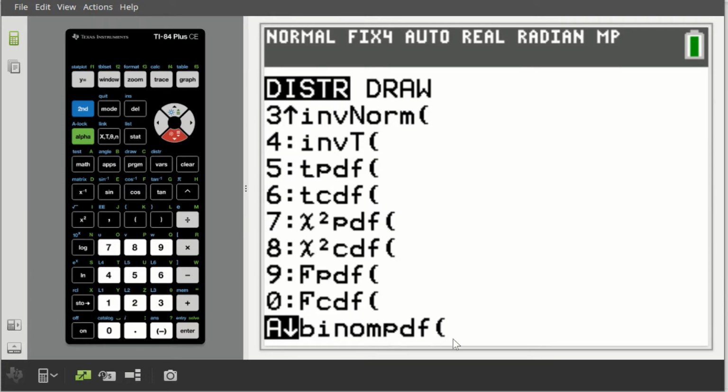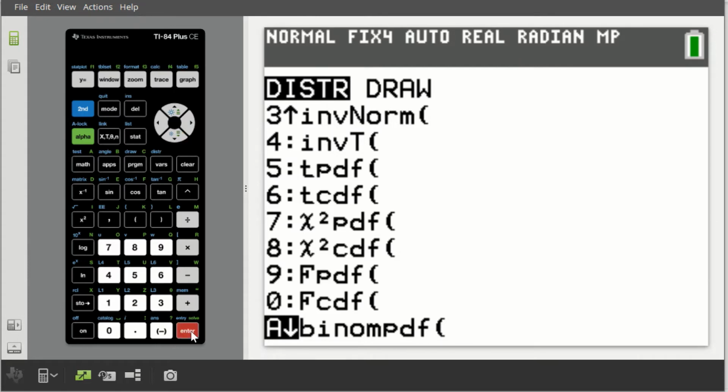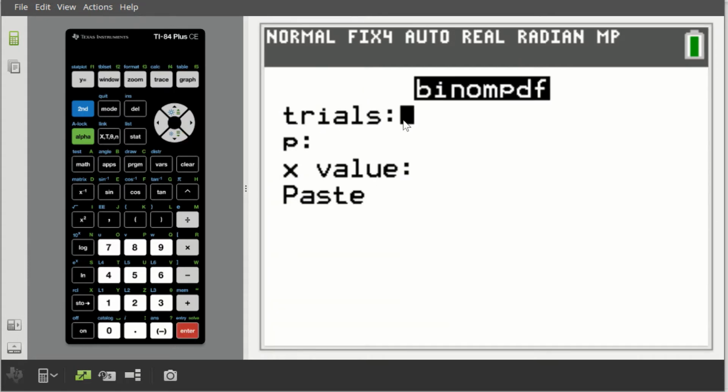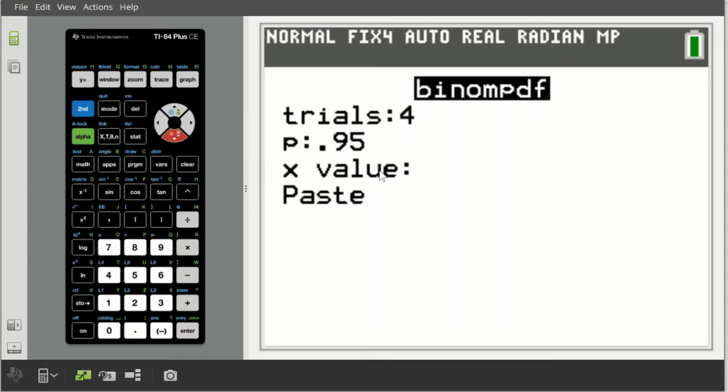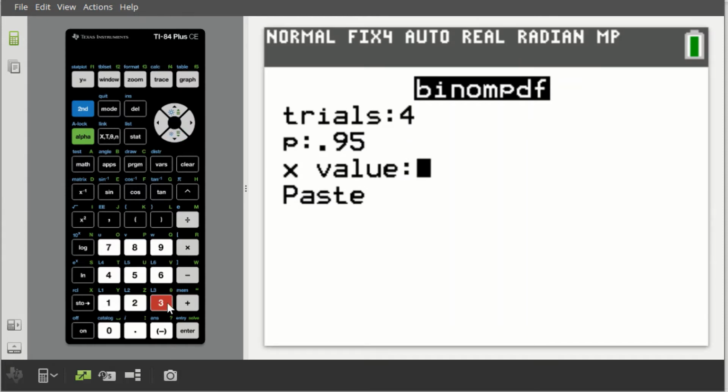Hit enter. Then number of trials, we have 4 trials. Probability of success is 95%, so 0.95, that's your p-value. X, the number of successes we are looking for, is 3.